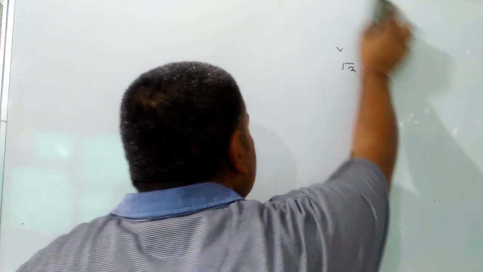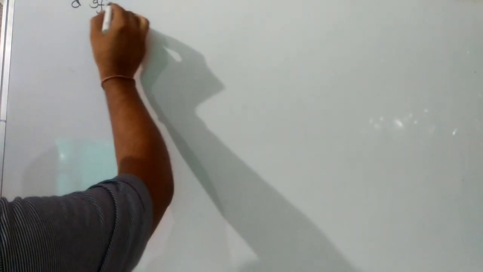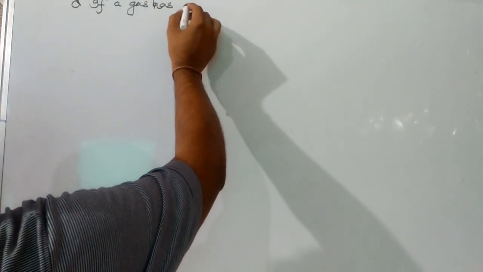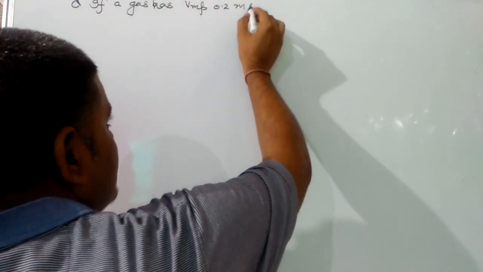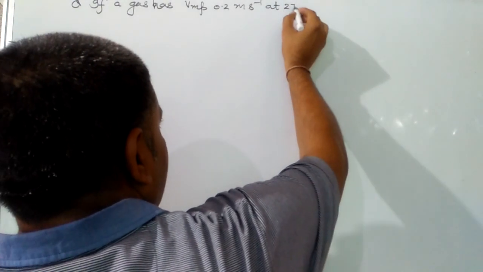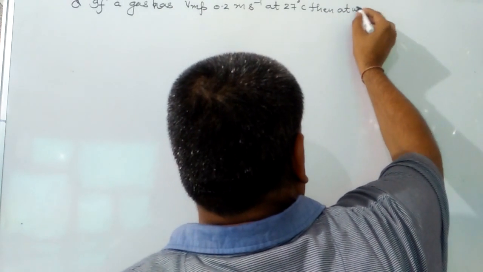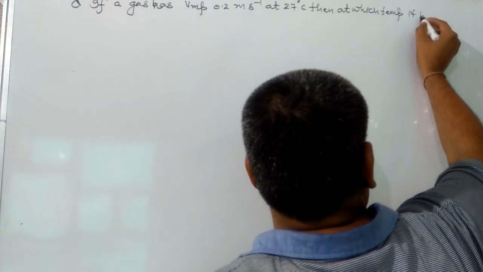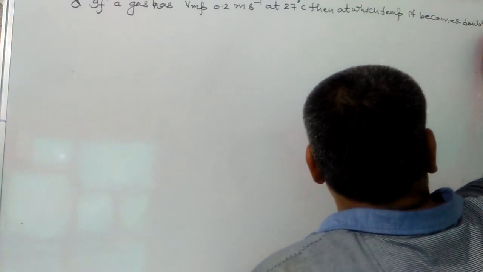And the first numerical is, if a gas has most probable velocity 0.2 meter per second at 27 degrees centigrade, then at which temperature does it become double?